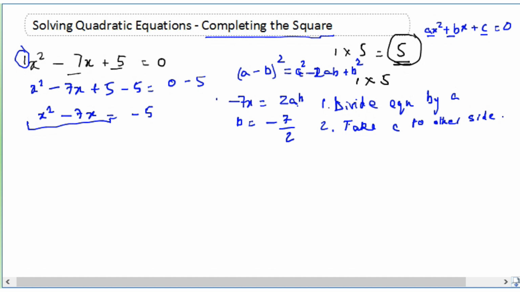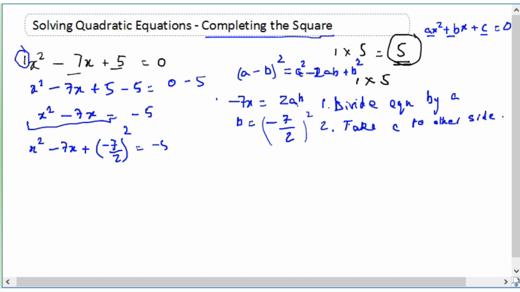So if we will just take the square of this and add it to both sides of the equation. So we get x square minus 7x plus negative 7 over 2 whole square is equal to negative 5 plus negative 7 over 2 whole square.